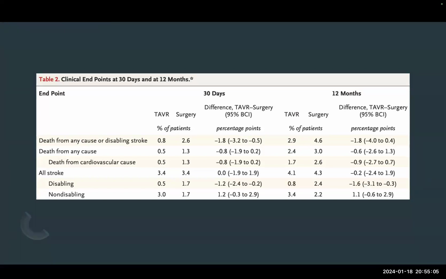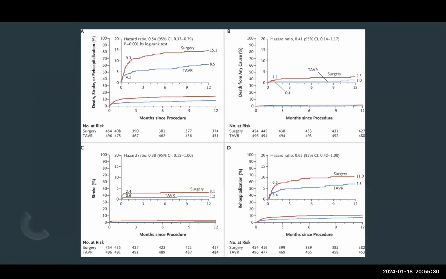So we cannot compare Evolut R and the Edwards valve. We can't, because the deaths are different in those patients. Here, 3% at 12 months. And there is 2.5%.